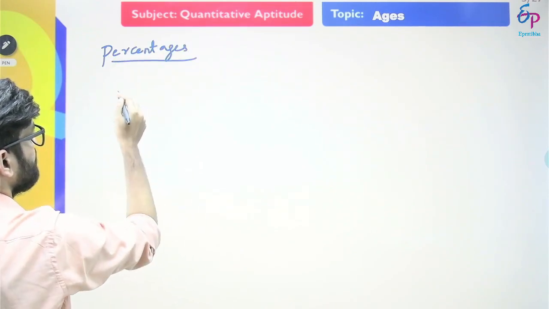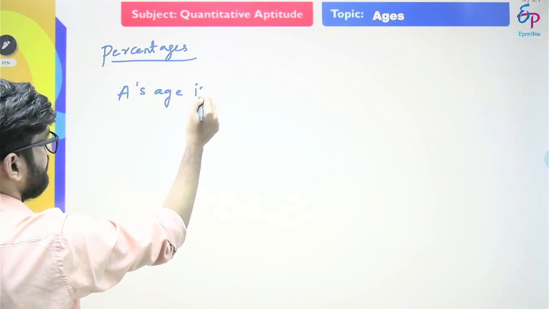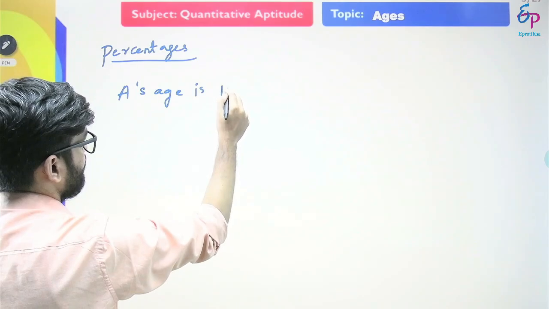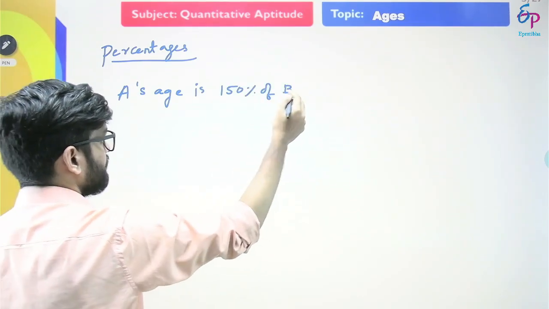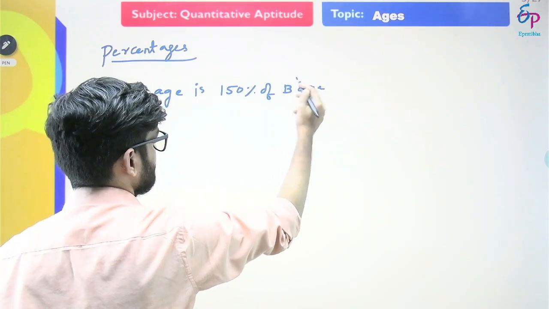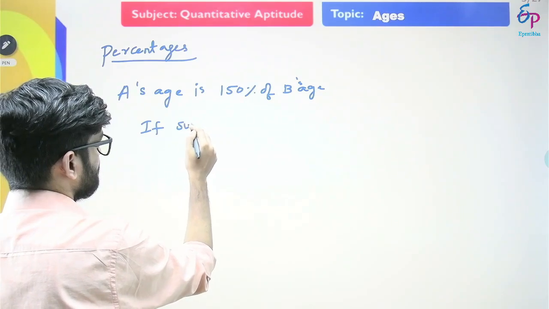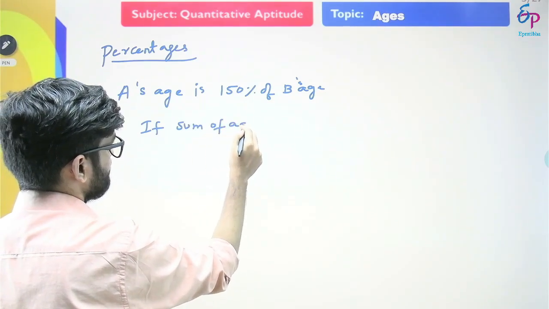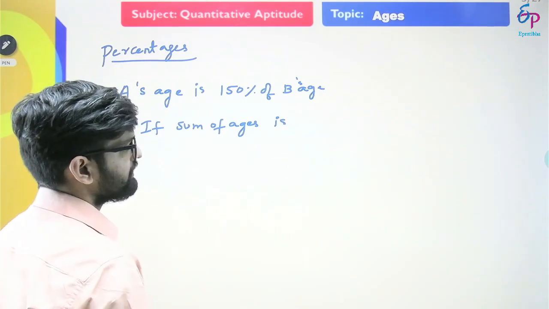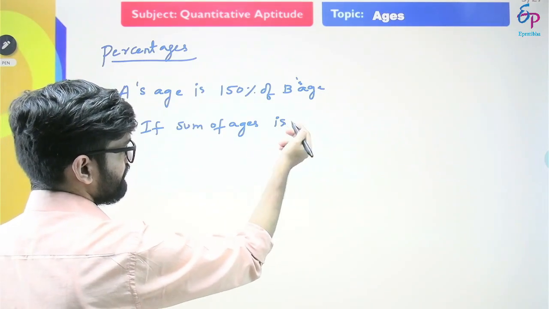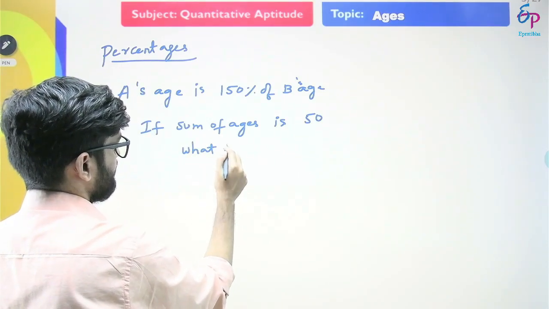Percentages. If I tell you A's age is 150% of B's age, and the sum of their ages is, suppose, 50.